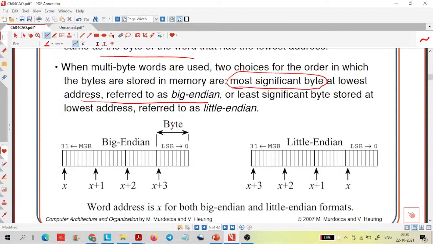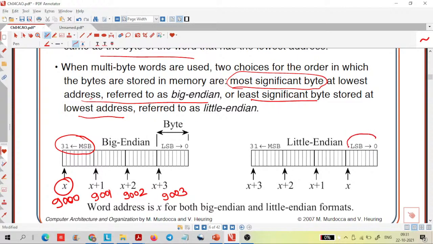Okay, big endian means what? The most significant byte is stored at the lowest address. For example, here, if it is 9000, x plus 1 means 9001, 9002, 9003. Most significant data is stored at the lower address. Okay, that is big endian. Little endian means the least significant data byte, LSB, is stored in the lowest address.